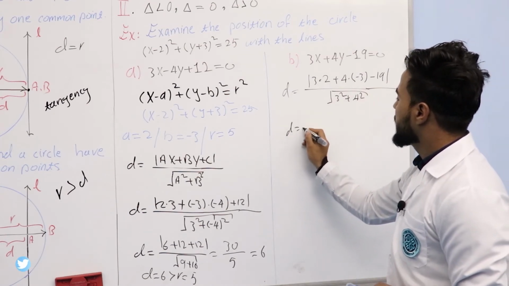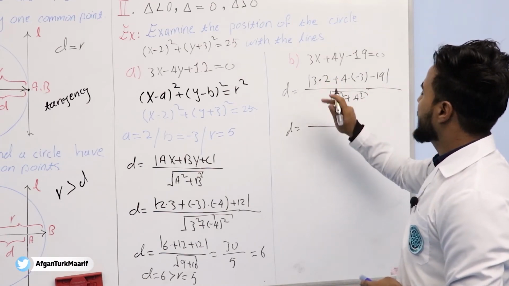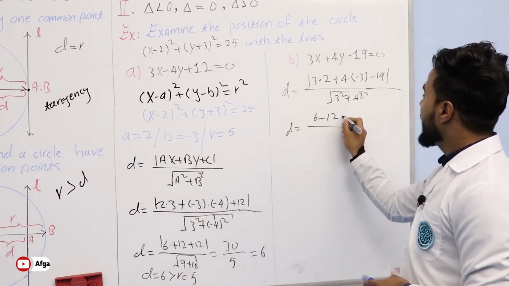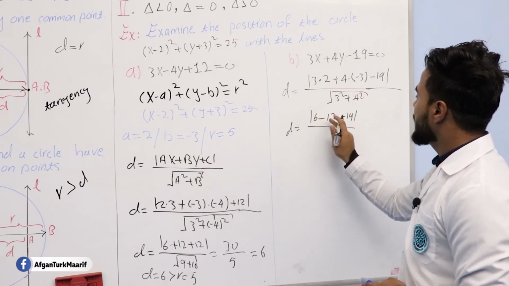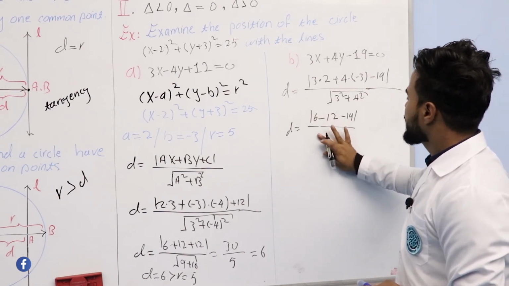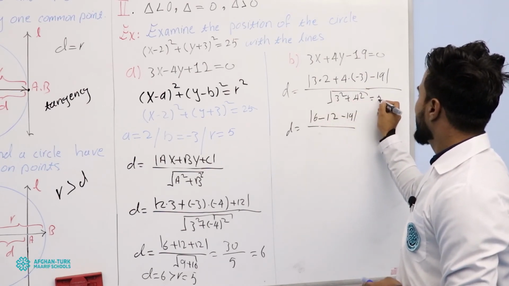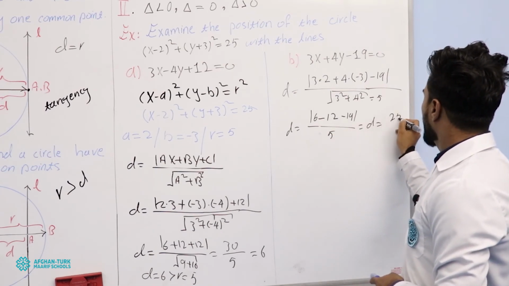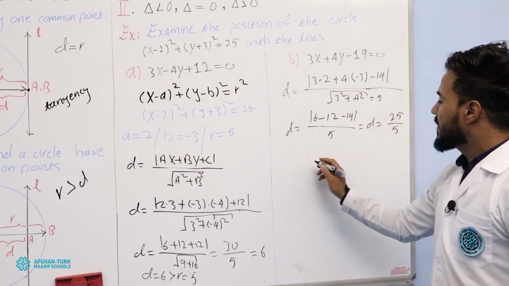So D is equal with, when I simplify this one, 2 times 3 is equal to 6, minus 3 times 4 is equal with minus 12 and minus 19, absolute value of this one, over this one is equal with 25 over 5. So D will be equal with 25 over 5. 25 over 5 is equal to 5.